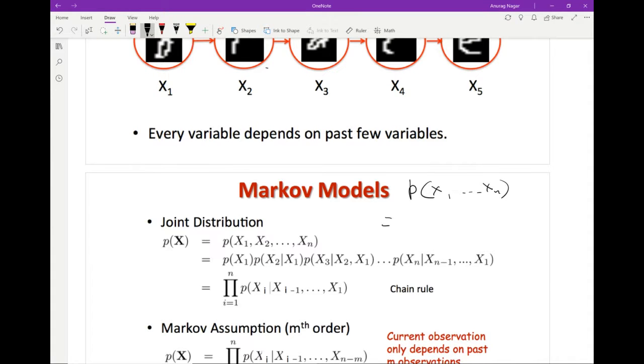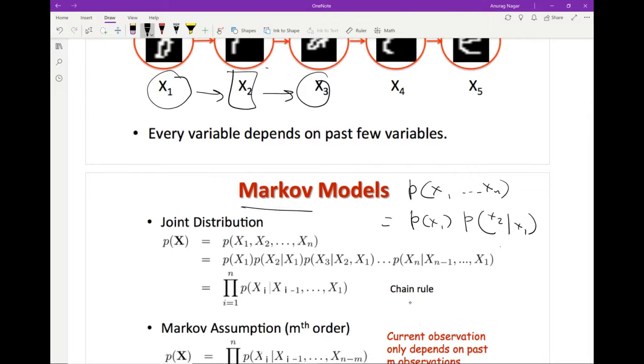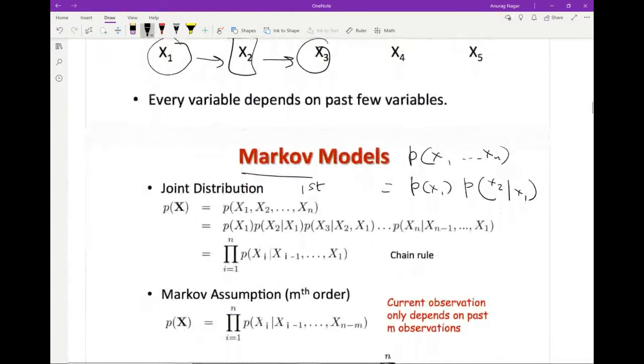The first order Markov model says P of x1, P of x2 given x1, because x2 depends on the previous variable, which is the parent. X3 depends on this. So I know the parents, I could multiply this out. So what have we assumed? We have assumed first order Markov model.